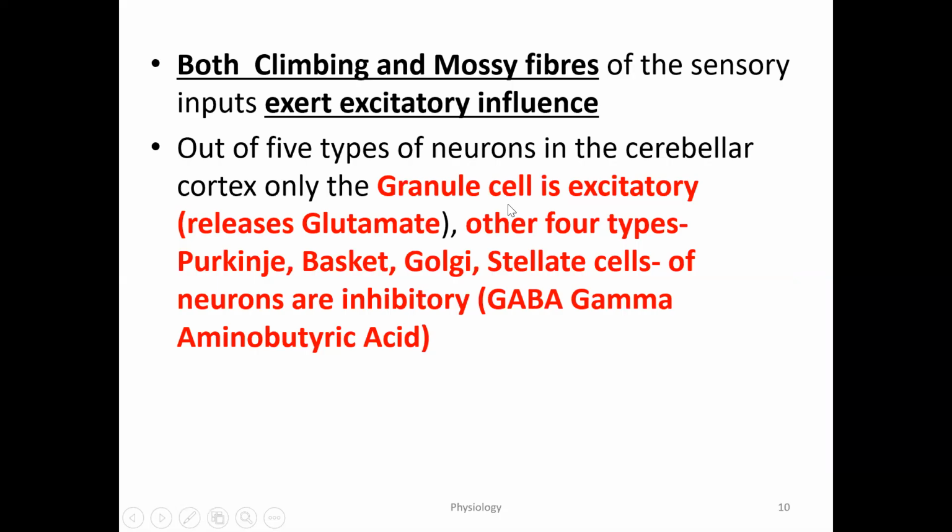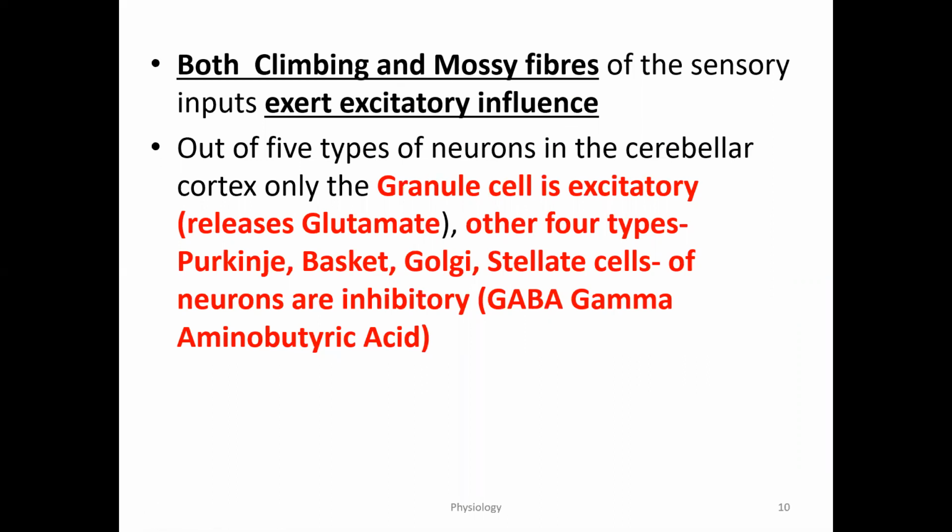So both climbing fibers and mossy fibers are excitatory toward the deep cerebellar nuclei, and simultaneously they are excitatory toward the Purkinje cells. The only difference is that the climbing fiber directly excites the dendrites of the Purkinje cells, while mossy fibers excite the Purkinje cells via the granular cells.